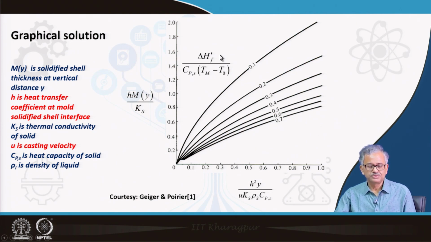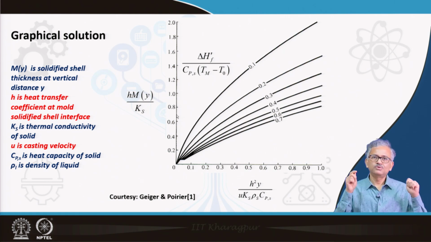You know the latent heat of fusion is constant, you know how much superheat, and you know CPS, everything is known to you. For the metal being cast, here liquid steel, suppose the dimensionless latent heat is 0.3 and the dimensionless distance is 0.4. I move like this, and from here I go like this. This will give you the dimensionless shell thickness.